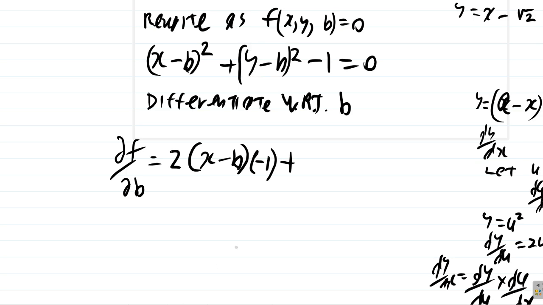You differentiate the outside function, so it's 2 times y minus b, times the derivative of the inside function with respect to b. You differentiate y minus b with respect to b, so you have negative 1. Minus, when you differentiate 1, you get 0, equal, differentiate 0, you get 0. Alright?